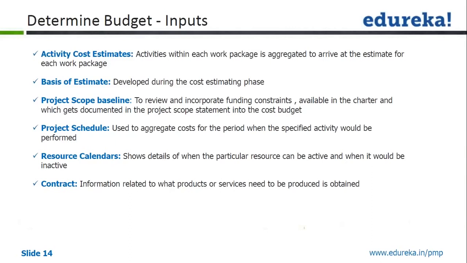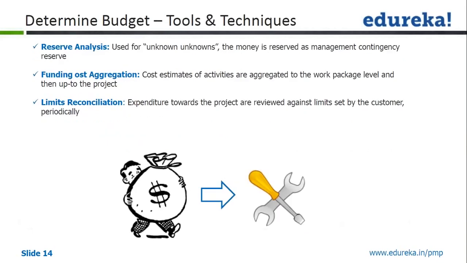Resource calendar: it has the availability or non-availability of the resources for your project, and also whether there are shifts; these are the two pieces of information we look for. Then contract information related to what product or service needs to be produced is obtained from the contract, or any other legal requirements towards budget; funding constraints may also be put in the contract.